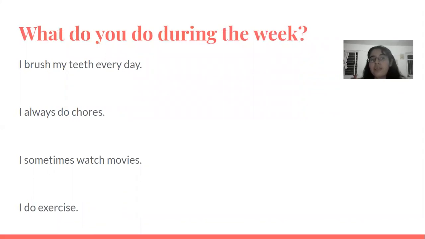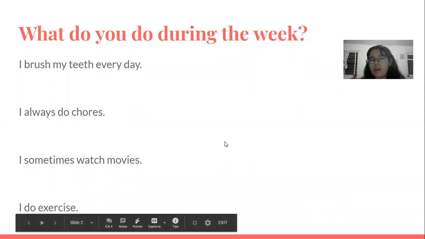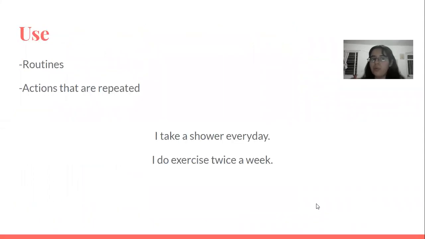So, as we can see, all of these sentences are in the simple present. So what's the use of the simple present? The simple present is used to talk about routines or actions that are repeated. It doesn't have to be every day or every week.